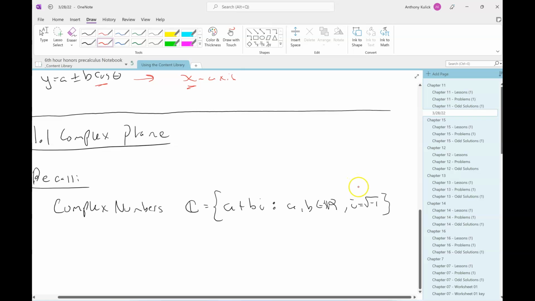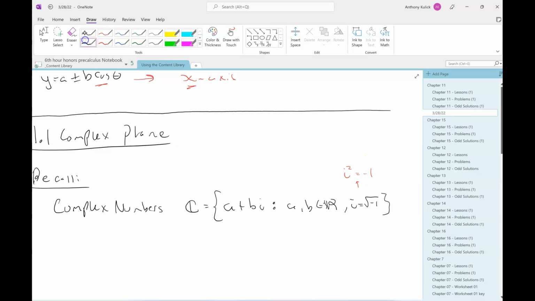And as an aside, that implies then that i squared is negative 1.